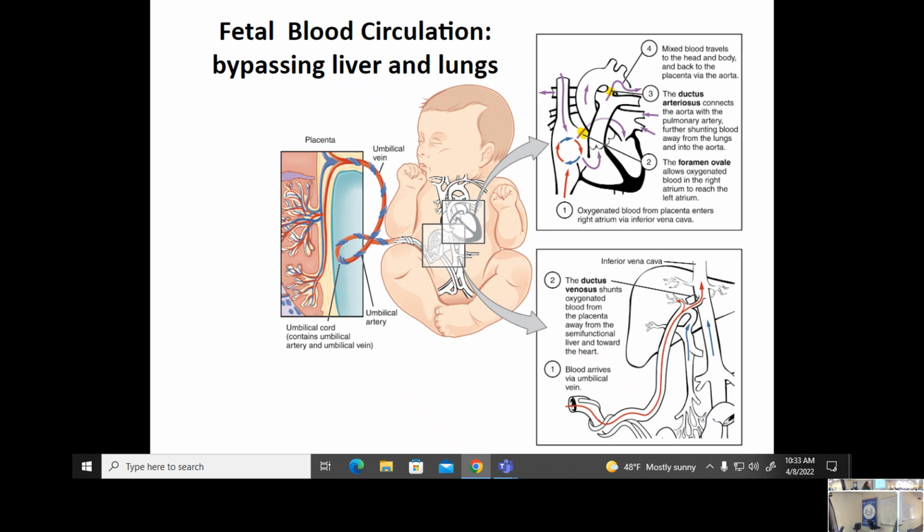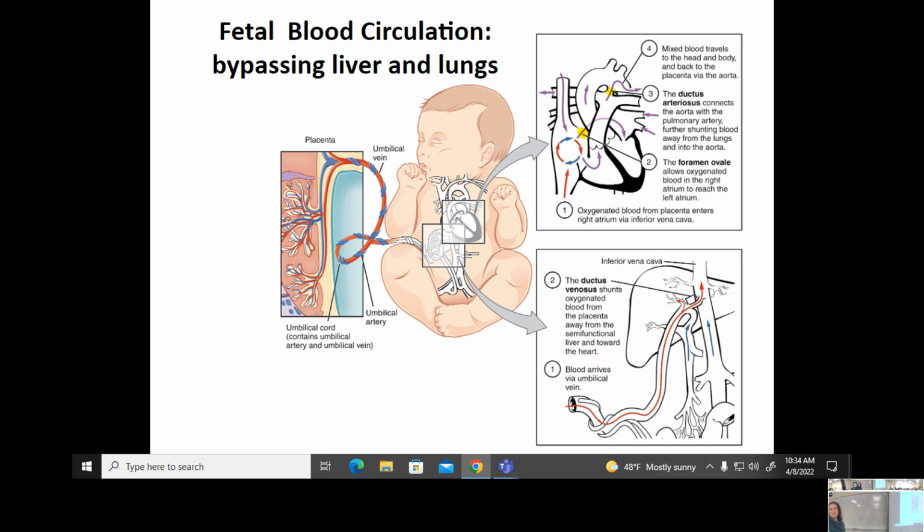One thing that is different about fetal circulation before the fetus is born and becomes a newborn is that because the placenta is doing so much for them, in utero, before they're born, they do not need the liver and the lungs to be operating.